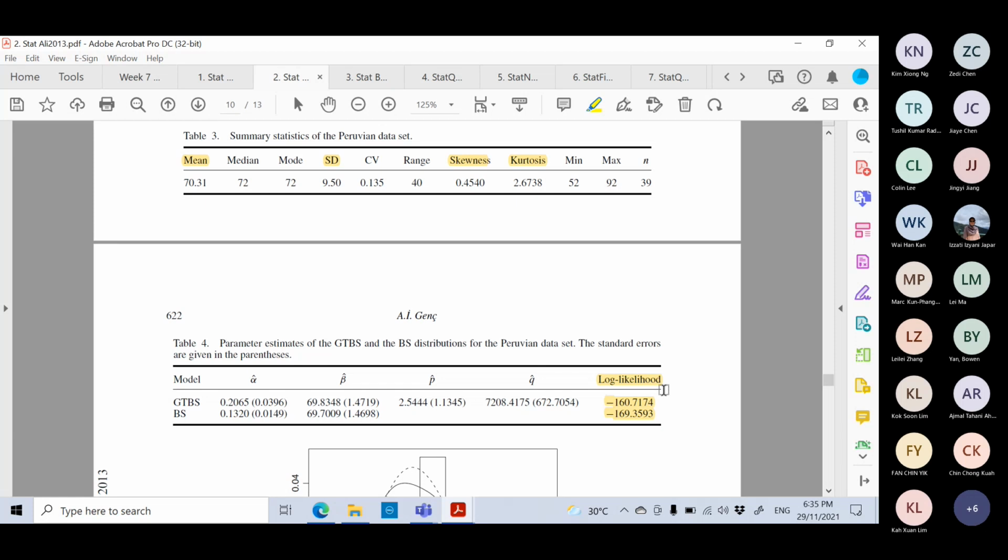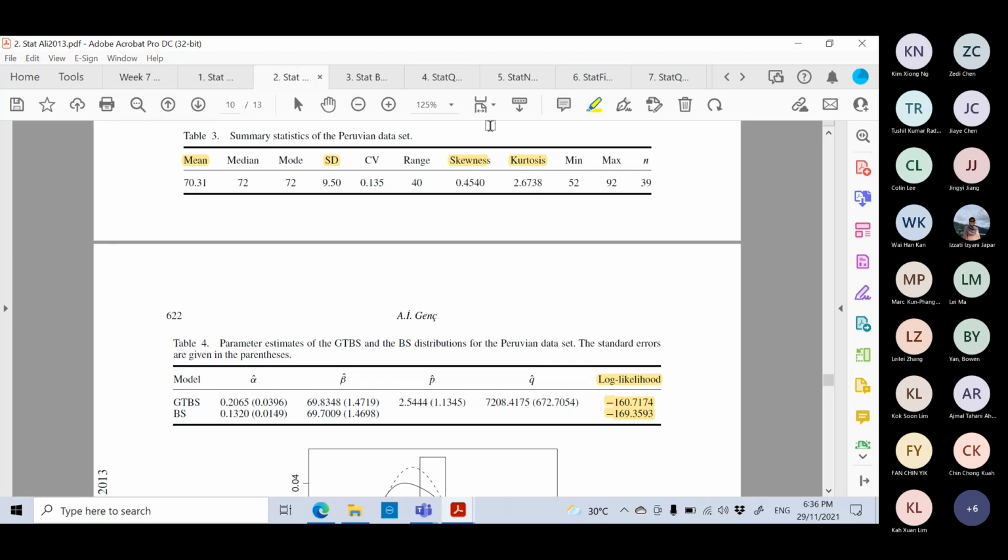This log likelihood value shows that -160 is larger than -169. Therefore, the GTBS has a better fit to the data than the BS here. But depending on just this may not be enough, so people will expect you to have other criteria to justify it.